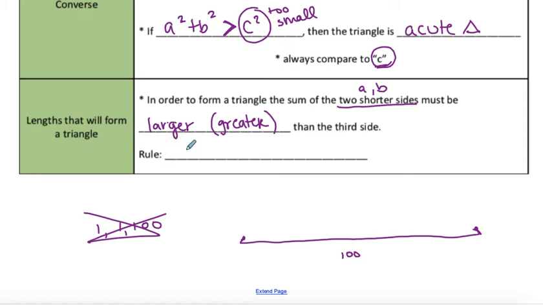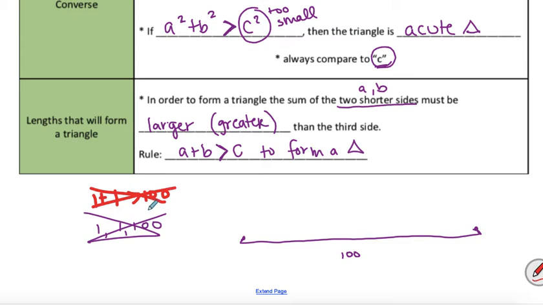So the rule is if I check A plus B, the 2 smaller sides, they have to be greater than C to form a triangle. So if I'm given 1, 1, and 100, I check 1 plus 1. Is that bigger than 100? No, 2 is not bigger than 100. This doesn't form a triangle.